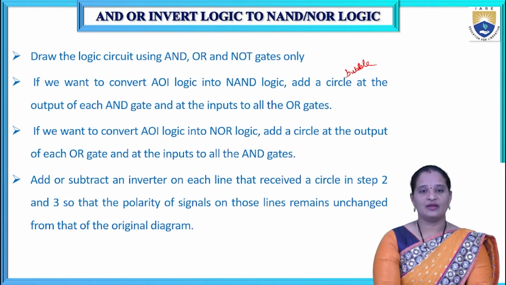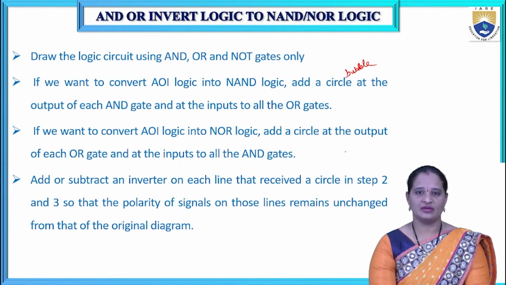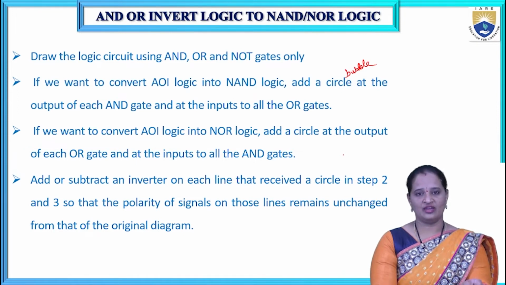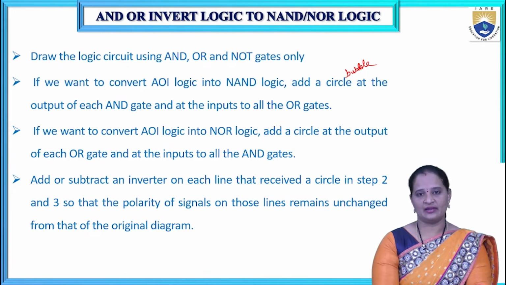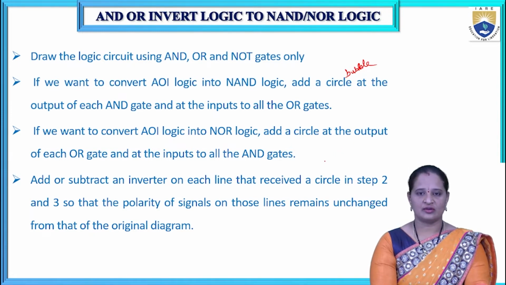Once that is done, add or subtract an inverter on each line that received a circle. That means we add or subtract an inverter, which is nothing but a NOT gate, on each line which has received a bubble. In the second step we have added bubbles, so whichever line has received a bubble, we need to add or subtract an inverter.